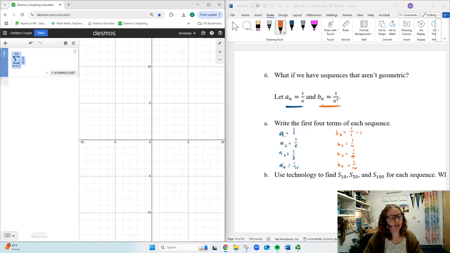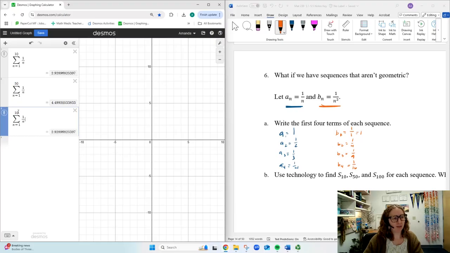And I can do that same thing and look at my first 50 partial sums, and my first 100 sums that I would have there.